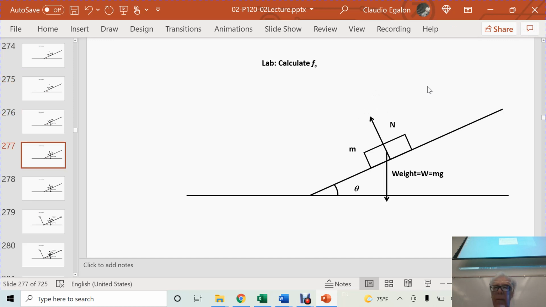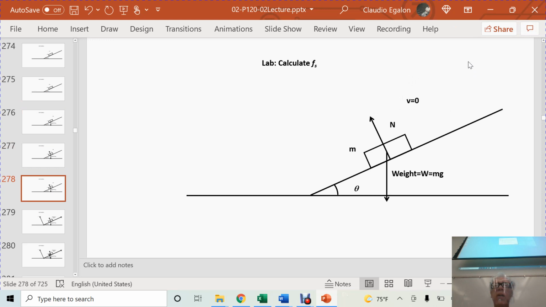Weight, normal. Let's not forget to put v equal to 0 there. Here, v equal to 0 as well. Keep it complete, right? Yeah, 0, 0.